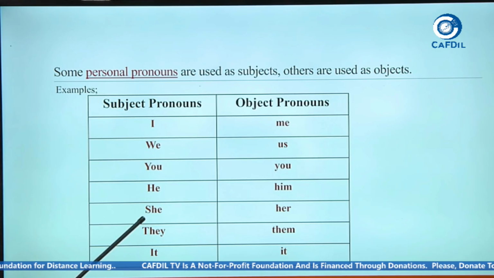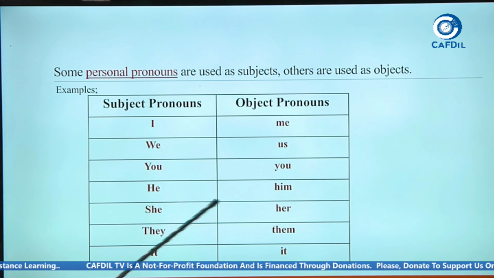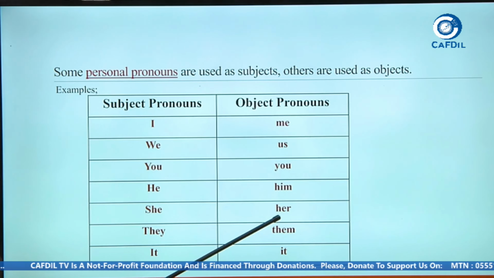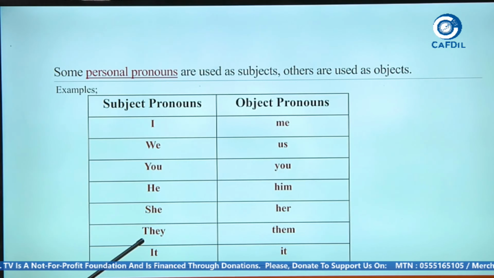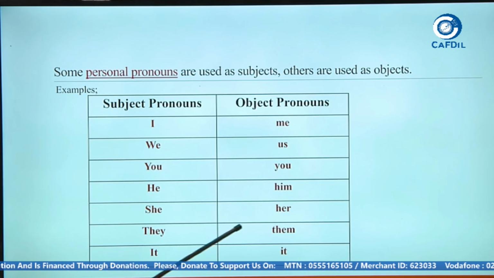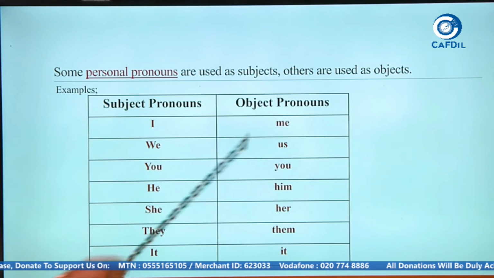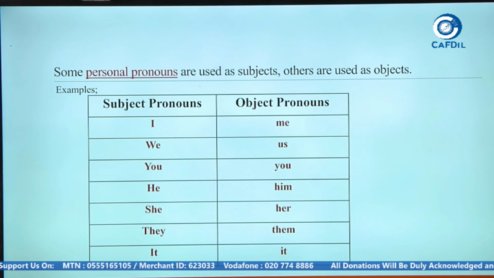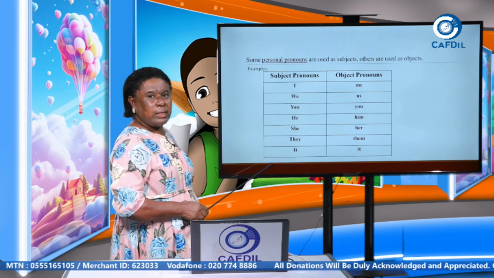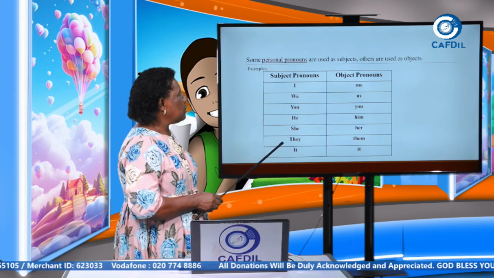She, as a subject pronoun, will change to object pronoun her. And they, as subject pronoun, when changing to object pronouns, will be them. And then it will be it. And all these here are object pronouns. Please take good note of that and study it.